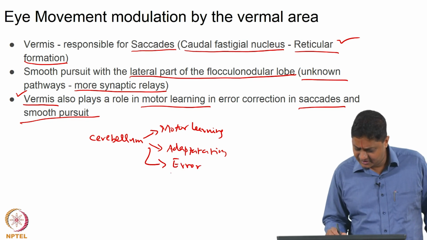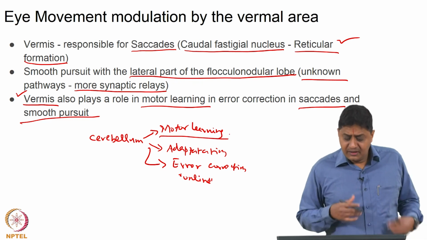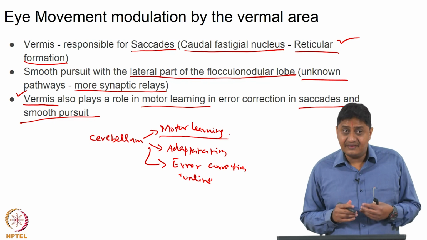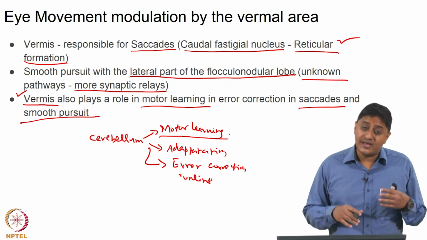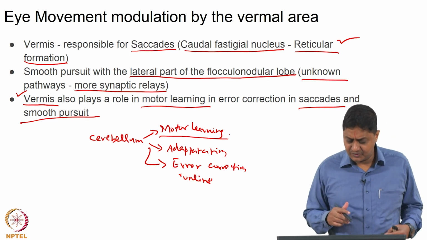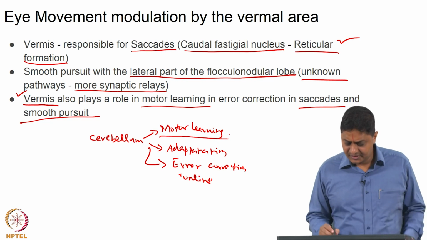This is online error correction. So, motor learning refers to this phenomenon where skills are learnt over practice, or through extensive practice over several days or months or years. So, it refers to long term changes, right.